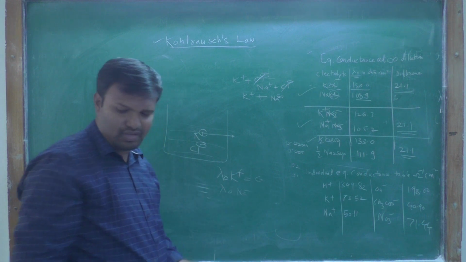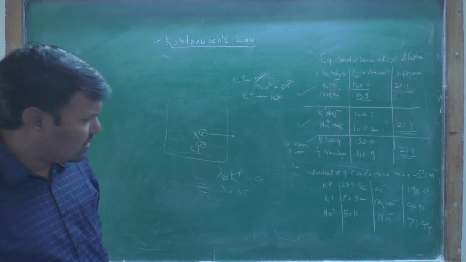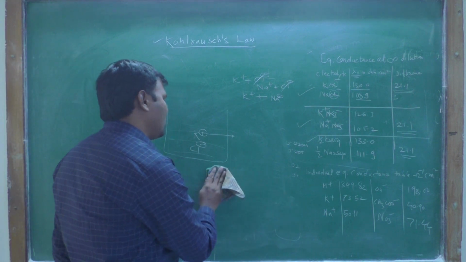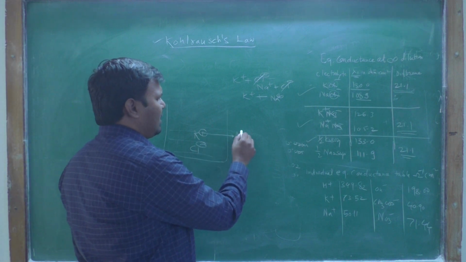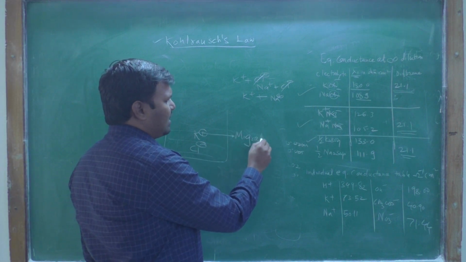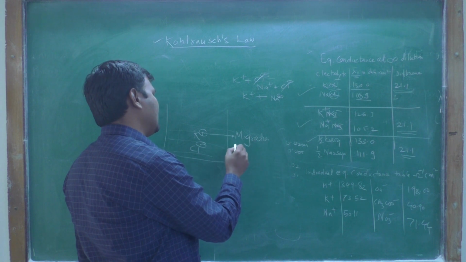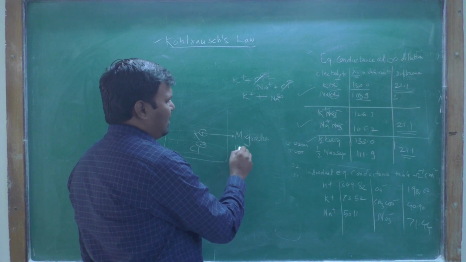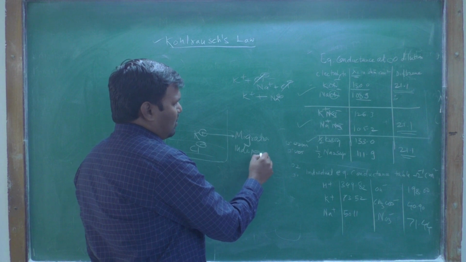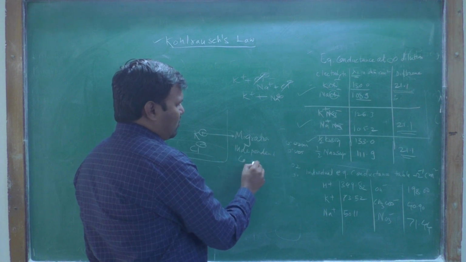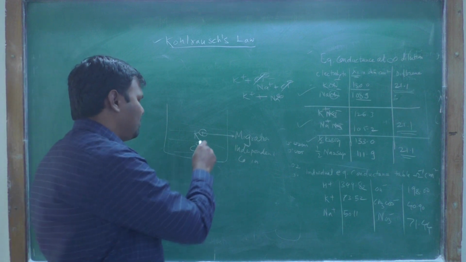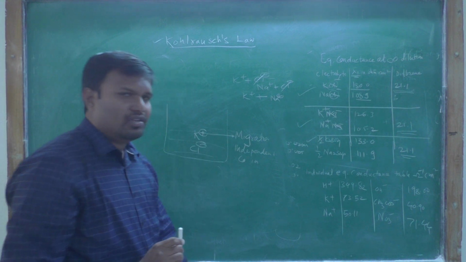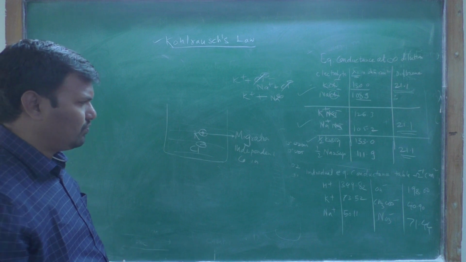For any ion, the lambda 0 value is a constant at very dilute solution. Therefore the migration of any ion, whether a cation or an anion, is independent of its co-ion. Cl minus is the co-ion of K plus, so the migration of K plus is independent of Cl minus.